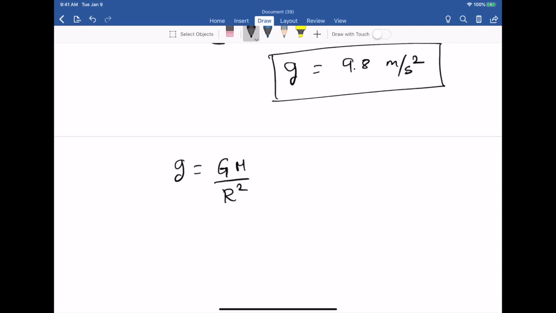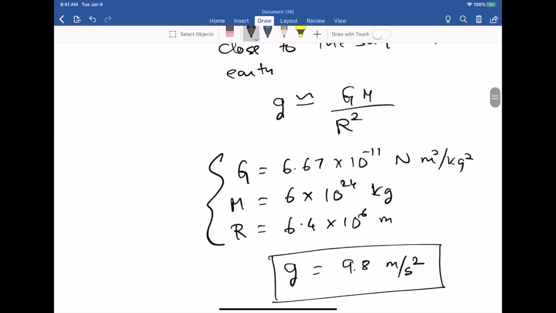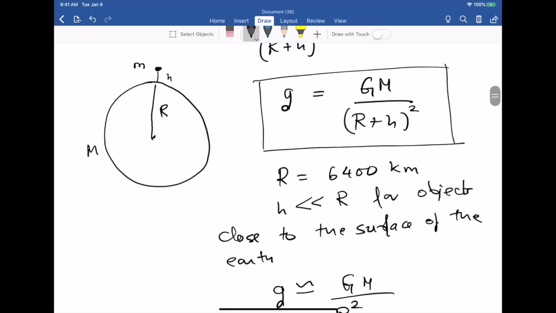All right. On the other hand, when h is large, so if you're talking about a height which is comparable to the radius of the Earth, then g is certainly not a constant at all. So remember that the accurate formula is g is equal to GM divided by (r plus h) squared.